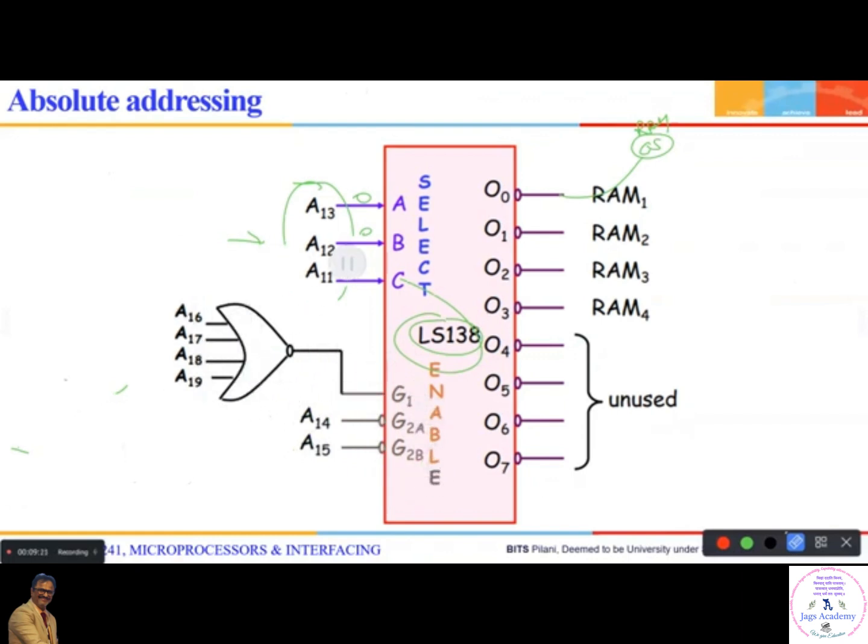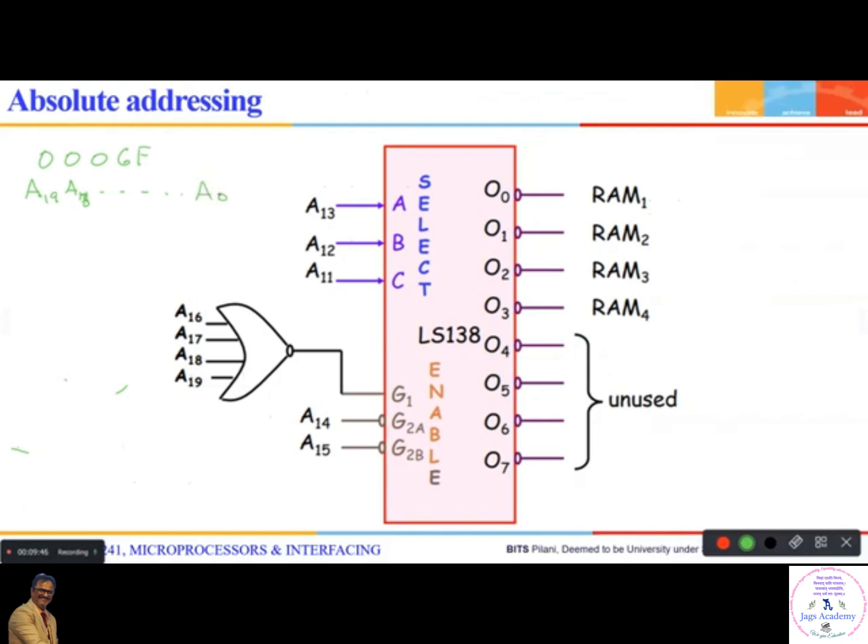It has to select RAM 1, right? Now we will just cross check whether this RAM 1 will be selected or not. So now you said 0006F. Just write it as A19 to A0.